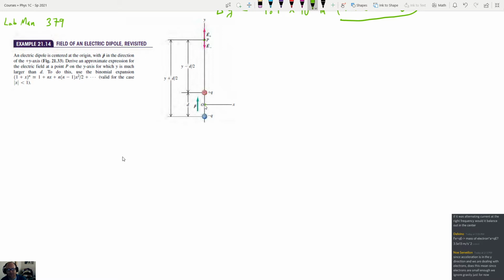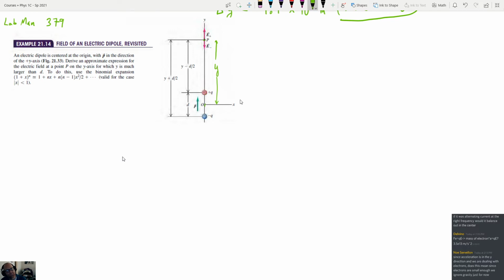Okay, so you can see that, I don't know if it's super obvious, but this is this distance here. We're calling that the y coordinate from the origin. And we want to specifically find the solution for which y is much, much larger than d. So really far away, far field.